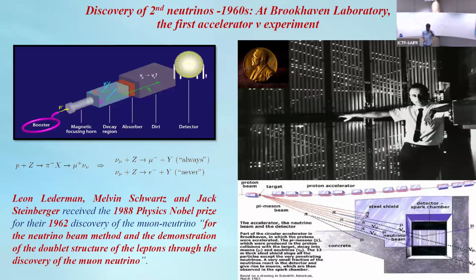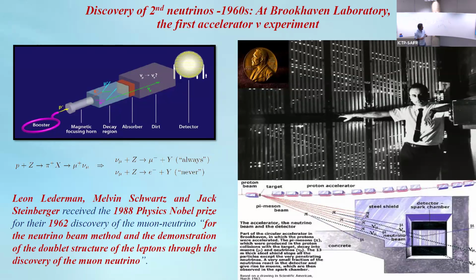And then an interesting story happens. Let me tell you that. When we got to know that a second generation or second family exists, we had discovered the muon, but people were still puzzled, thinking it could be some excited state of the electron and so on.